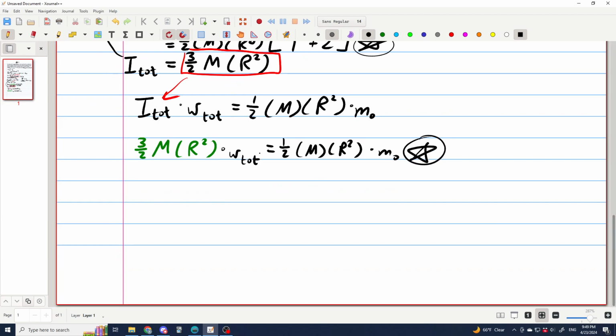If you are struggling with this step, then we need to practice solving for variables when we don't have any numbers. All right, so I'm looking for this variable, right? That's what we're trying to figure out, this variable right here. And so let's look at what we have in common on both sides. We have the m's, we have the r squared, we have the 1/2, right?